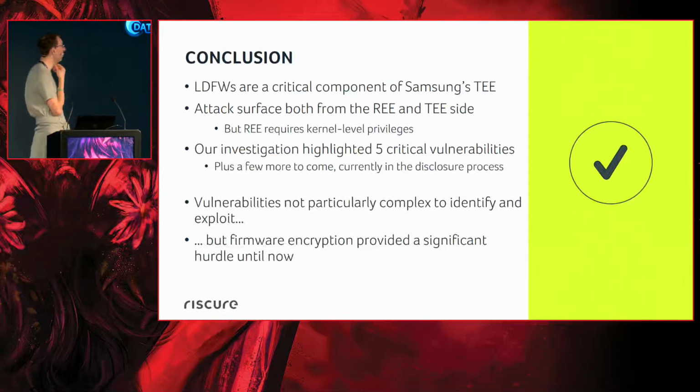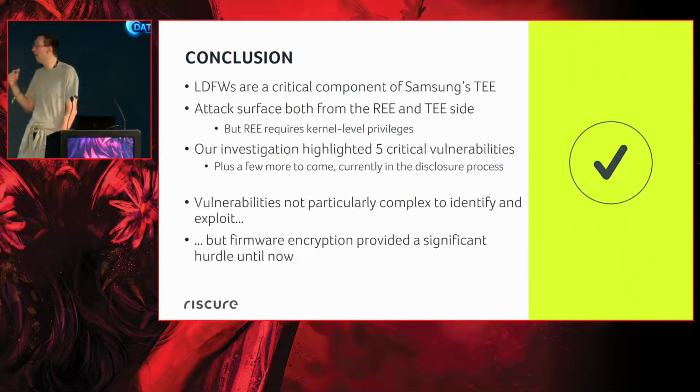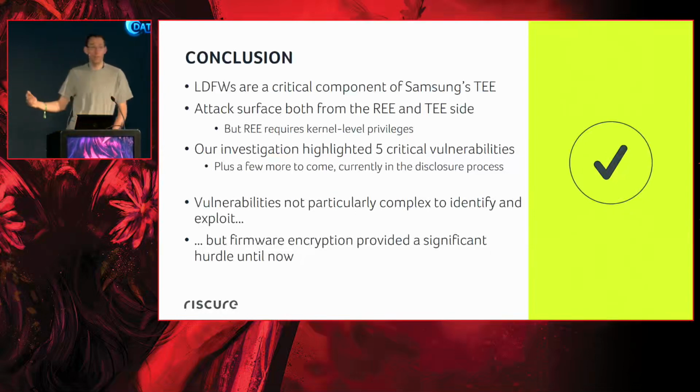We found some critical vulnerabilities. We have a few more in the disclosure process. And what is particularly interesting is actually the simplicity of these bugs. The obstacle is that this is encrypted, not because this is some super crazy exploit that you need to study for I don't know how long.